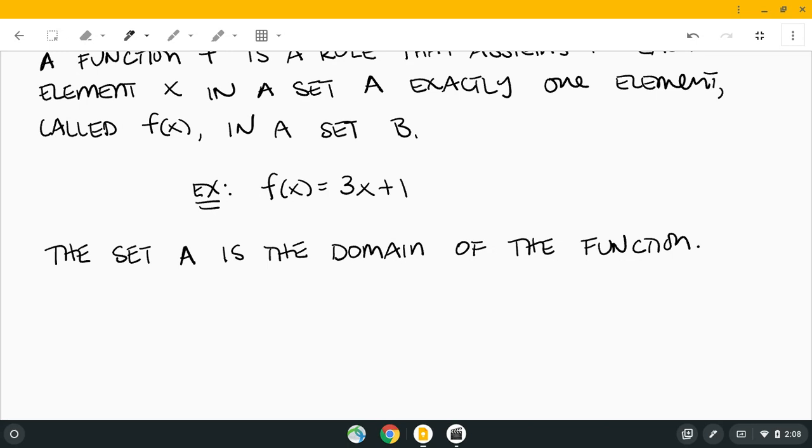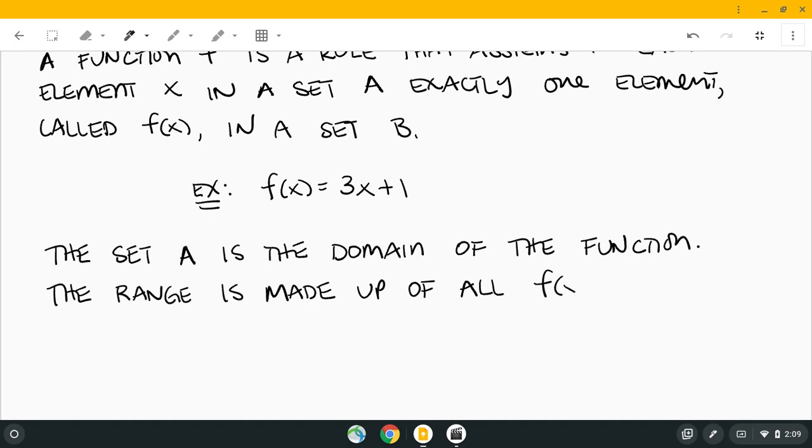The range is made up of all f of x, the results, you think of them as the y values, such that x is in the domain.